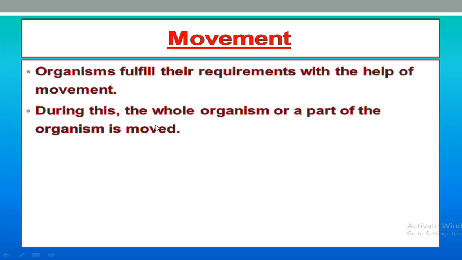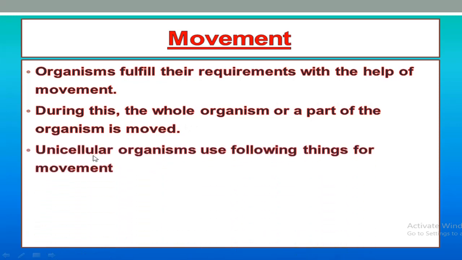Right, now we have learnt that organisms fulfill their requirements with the help of movements, and that the whole organism or a part of the organism is moved. Also, unicellular organisms use the following things for movement. According to the number of cells, there are mainly two types of organisms: unicellular and multicellular.